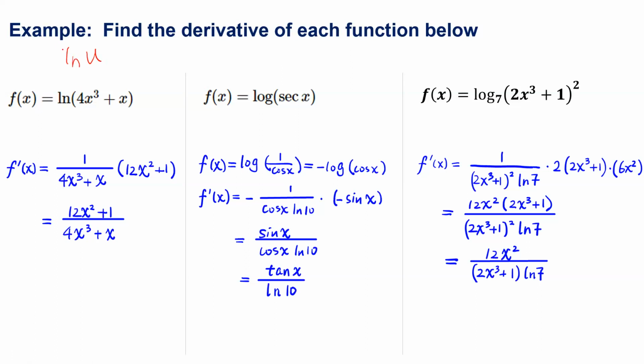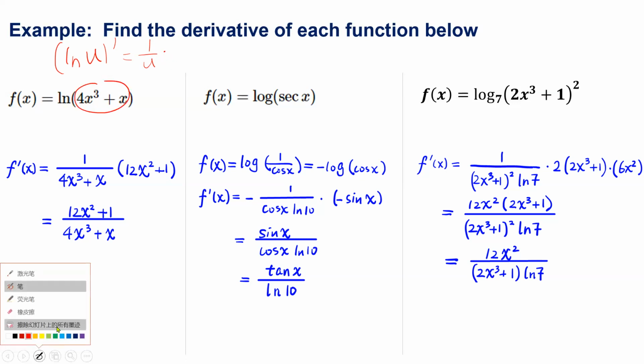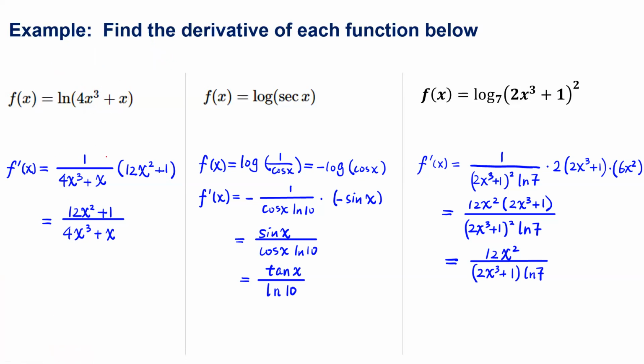So first of all, the derivative of ln u is the reciprocal of u, then times the derivative of the inner function. So that gives us the derivative of the outer function, 1 over 4x cubed plus x, times the derivative of the inner function, which is the derivative of a polynomial function, 12x squared plus 1. So the final solution is here. Any questions?